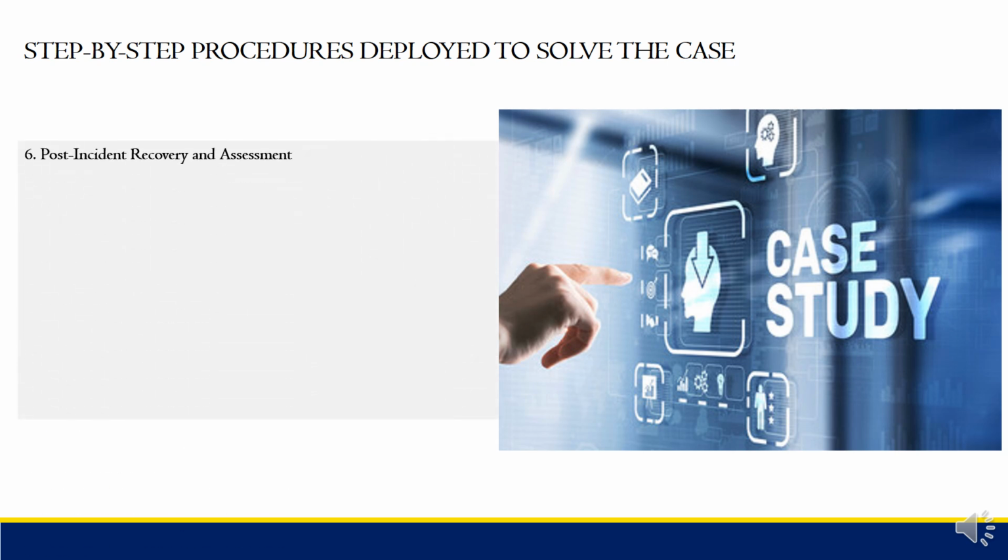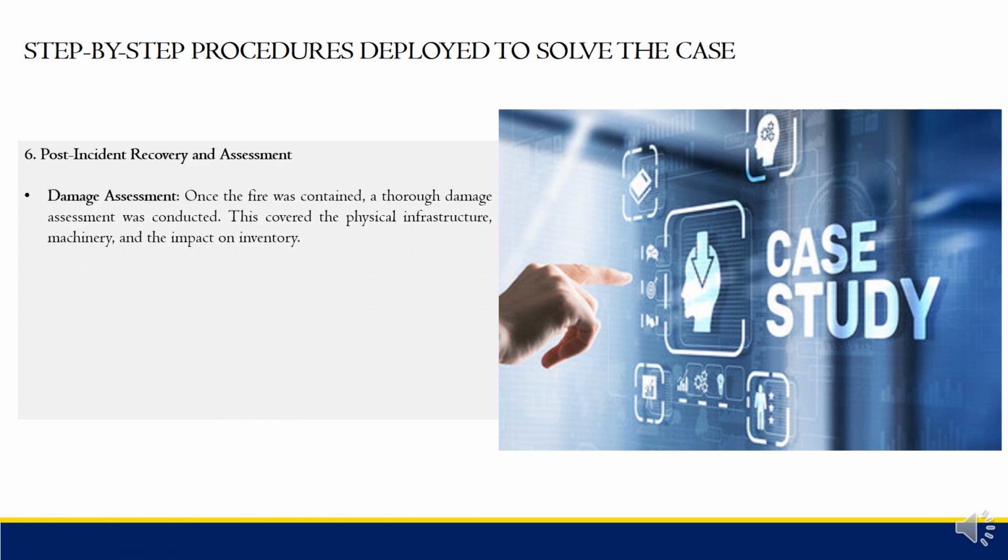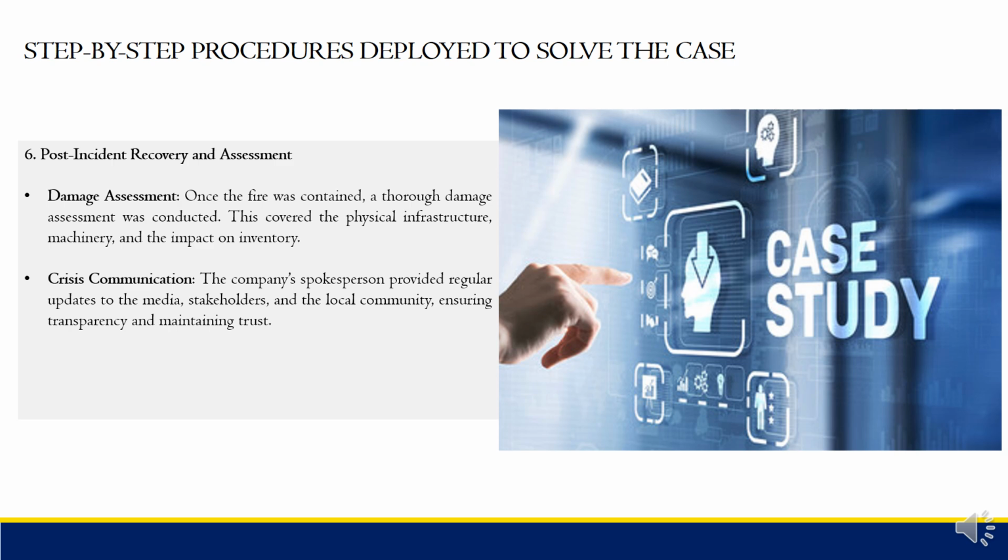6. Post-incident recovery and assessment. Damage assessment. Once the fire was contained, a thorough damage assessment was conducted. This covered the physical infrastructure, machinery, and the impact on inventory. Crisis communication.